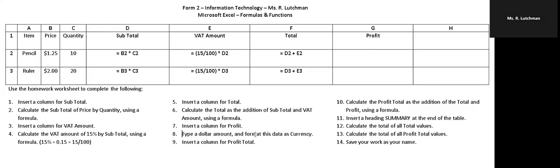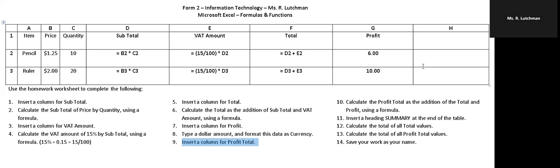Type a dollar amount. Okay, type a dollar amount, right? Format this data as currency. Now, I'm just going to type a number in. Let's put $6 here. Let's put $10 here. Just making up, right? So that's number 8.